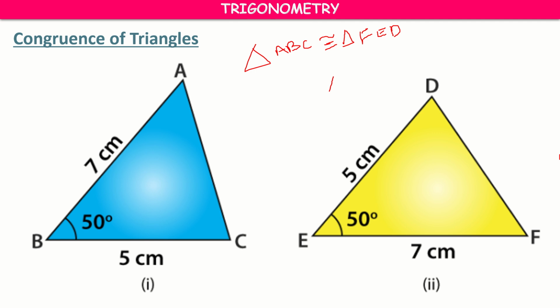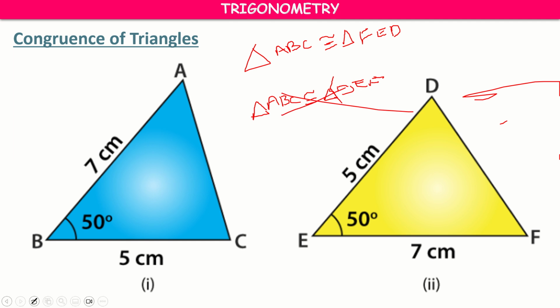If you write triangle ABC is congruent to triangle DEF, it is wrong.